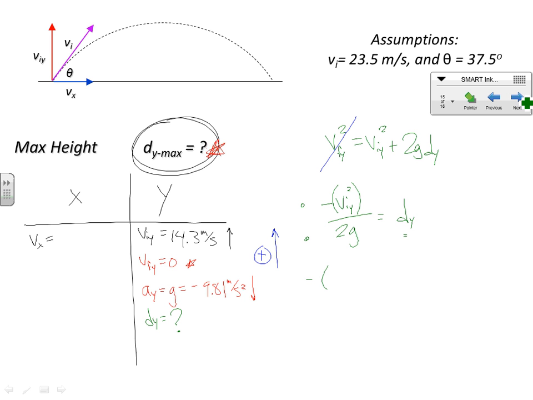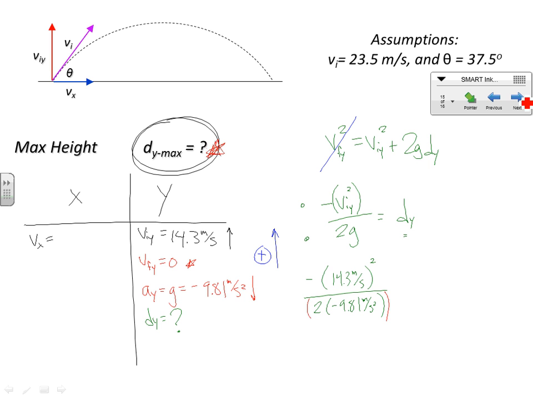So we get negative 14.3 meters per second, squared, divided by negative 9.81 meters per second squared. You might want to make sure you put parentheses around the whole bottom. Calculate.